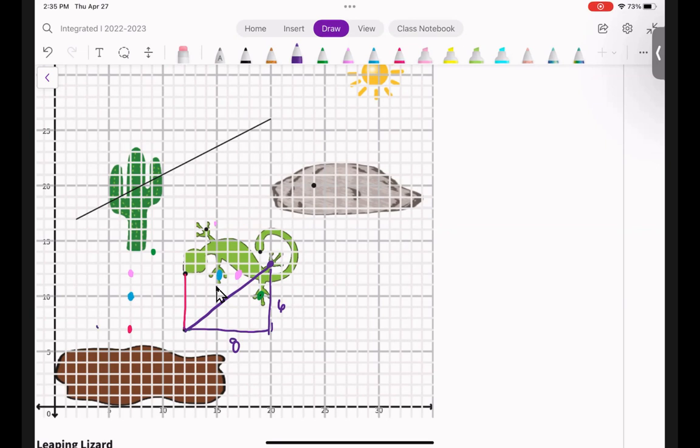And then up 6. Is that right? No, that's wrong. I should have gone 6 this way and then 8 this way. So this side should have been a 6. And then this is 8. You guys will see.